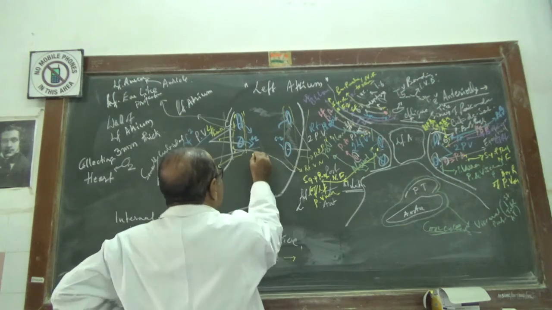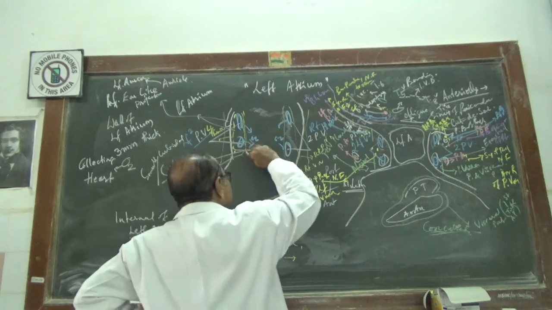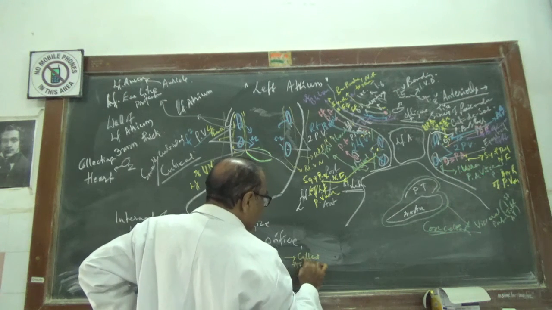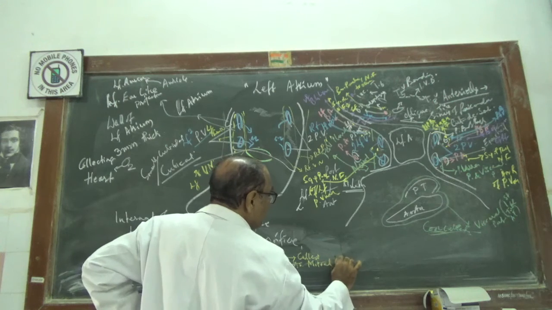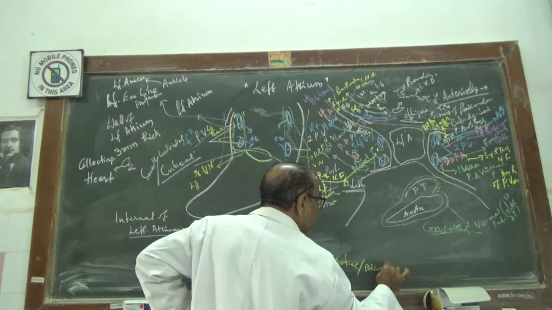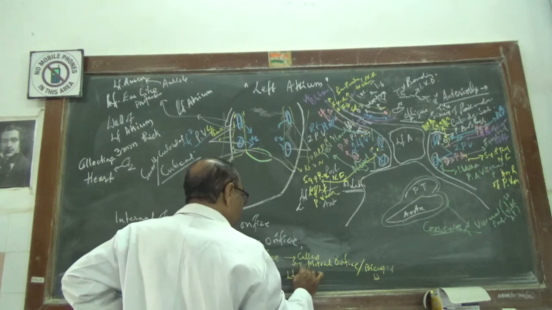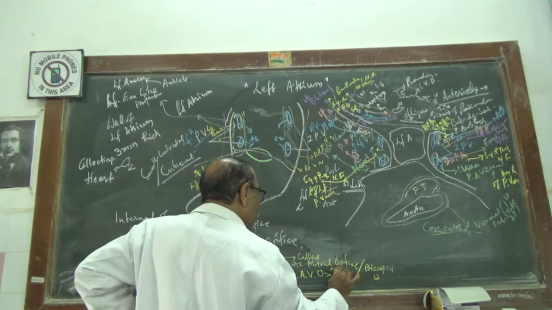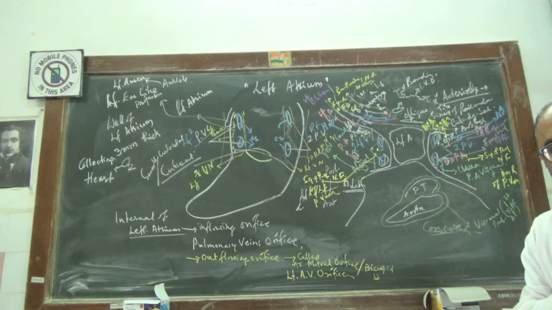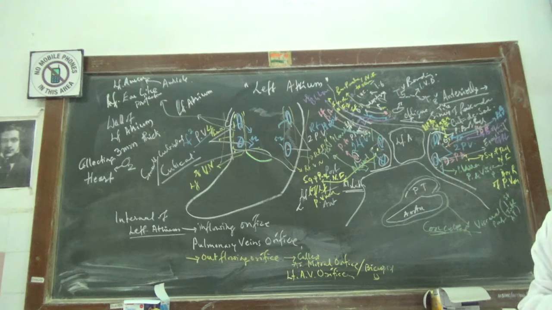The outflowing orifice of the left atrium is called the mitral orifice. It is smaller compared to the right atrioventricular orifice or tricuspid orifice, which can admit two or three finger pulps.